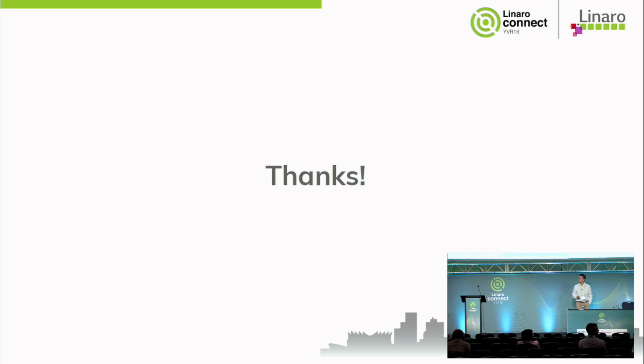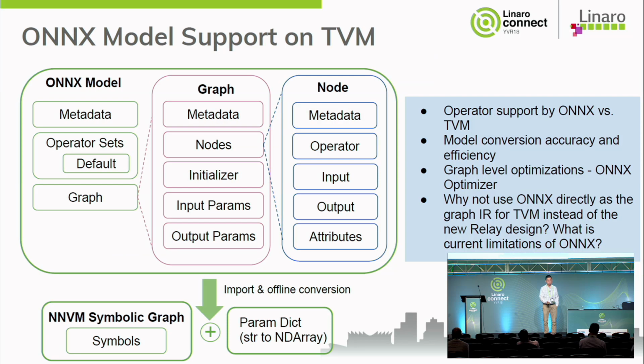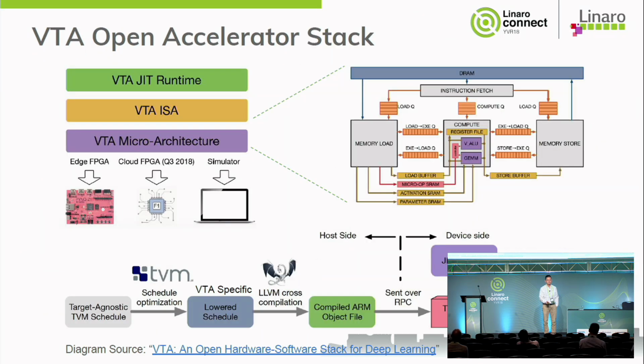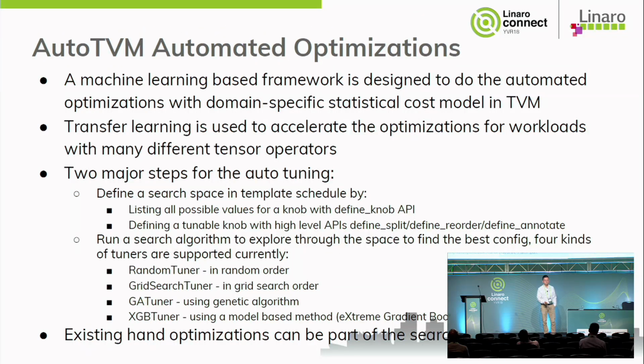Any question for Jami? In the AutoTVM slide, you mentioned that you could incorporate one of the hand-coded implementations as part of the search space. What's the representation for that hand-coded implementation?